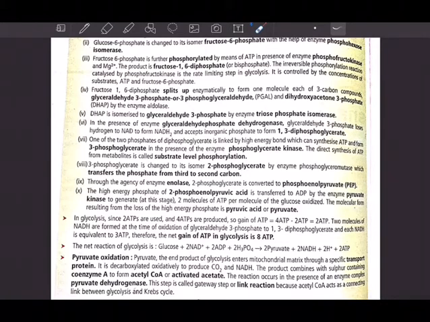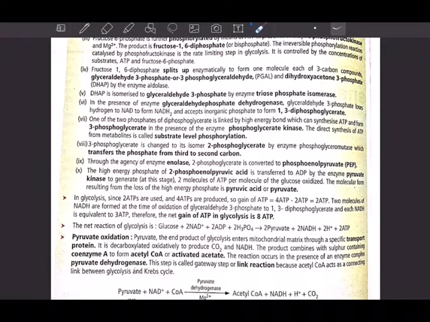So fructose 1,6-bisphosphate is split into two molecules, 3 carbons each. One is 3-PGAL, where 3 stands for 3 carbons. Another one is DHAP. Now DHAP is isomerized to glyceraldehyde 3-phosphate by the enzyme triose phosphate isomerase.